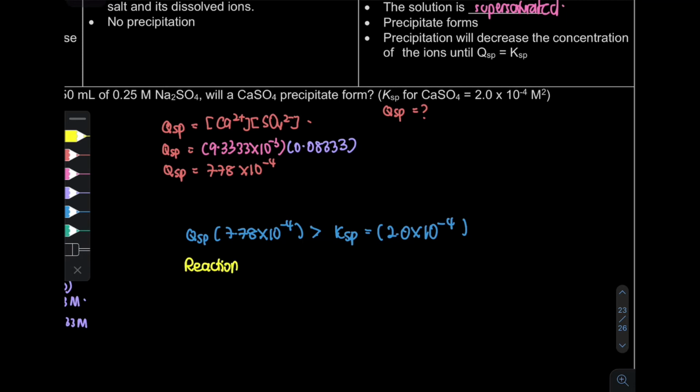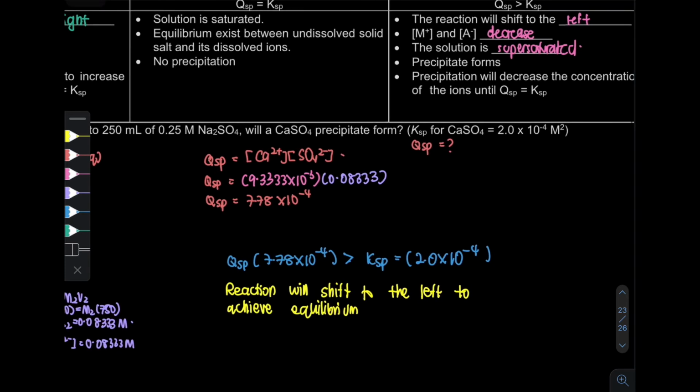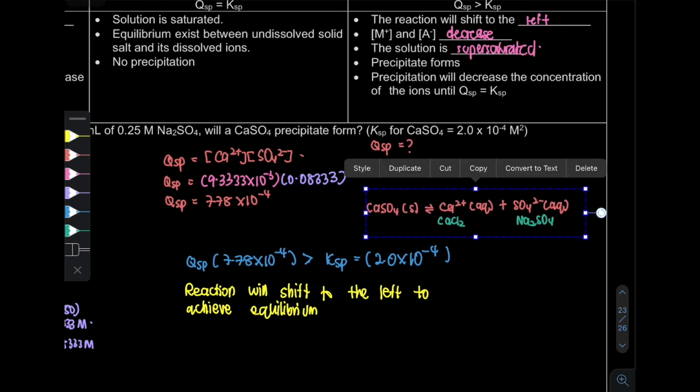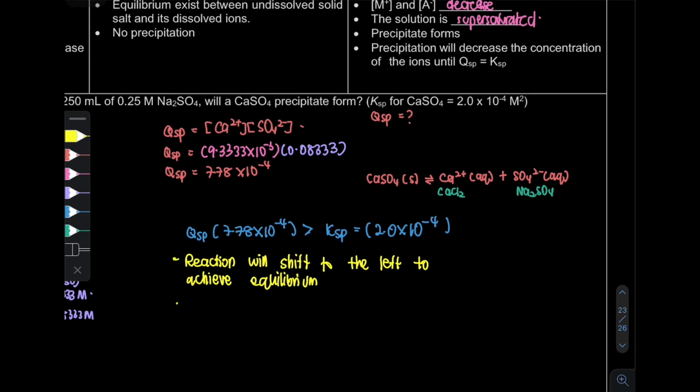So we know that the reaction will shift to the left to achieve equilibrium. Miss nak copy paste ni, tak perlu pun untuk kamu buat, but here just to show it to you. So maknanya bila kita shift to the left, reaction akan form banyak salt tu lagi. More solid is formed, hence precipitate form.